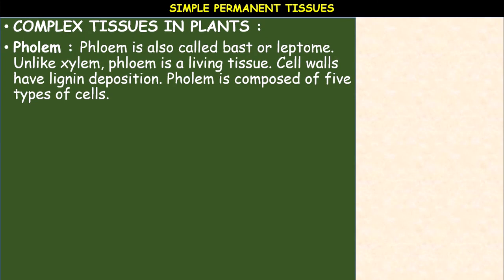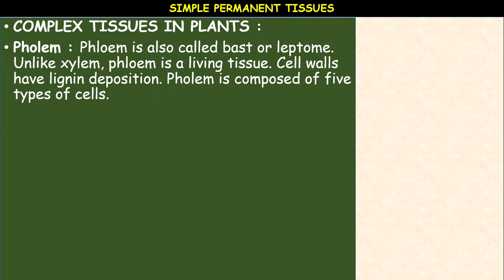Next, phloem tissue. What is the phloem tissue? Phloem tissue is a complex permanent tissue. It is also called bast or leptome. Unlike xylem, phloem is a living tissue. Xylem is living and non-living tissue, whereas phloem is a living tissue.